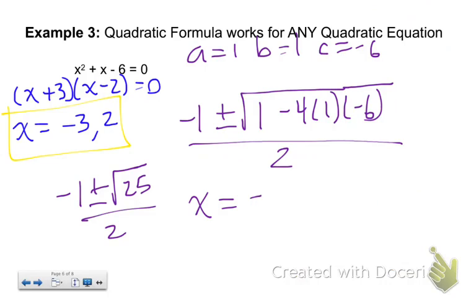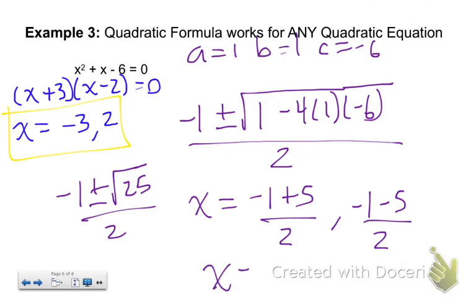So x equals negative 1 plus 5 over 2 and negative 1 minus 5 over 2. Well, negative 1 plus 5 is 4. 4 divided by 2 is 2. Negative 1 minus 5 is negative 6. Divided by 2 is negative 3. So we get the same thing. I just want you to realize that the quadratic formula will always work. So if you find yourself stuck and you can't figure out how to factor, quadratic formula will also work.